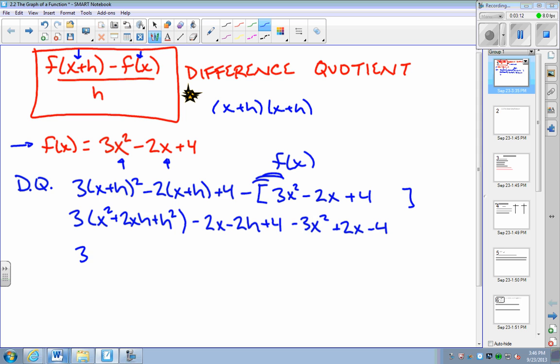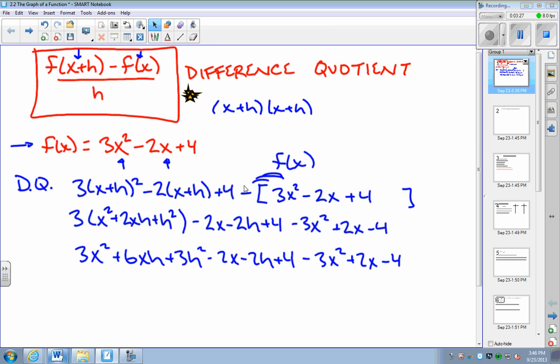Now I've got one more step because I have to simplify this. Let's look for some common terms.